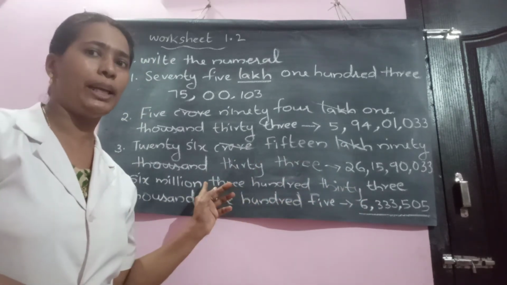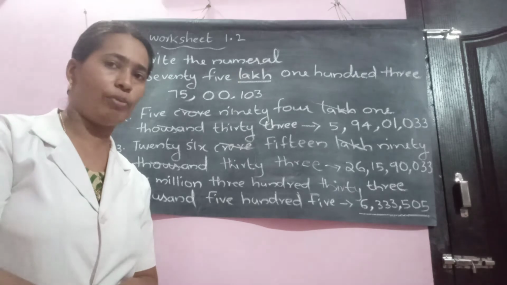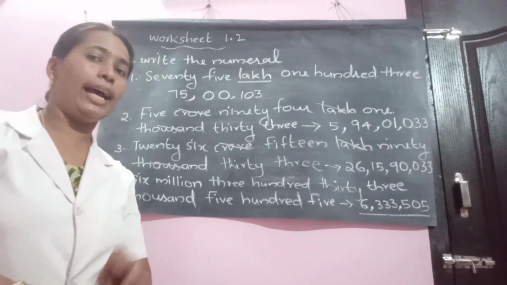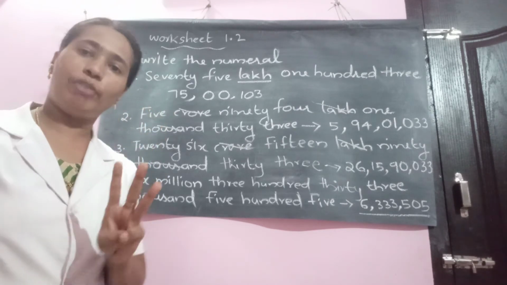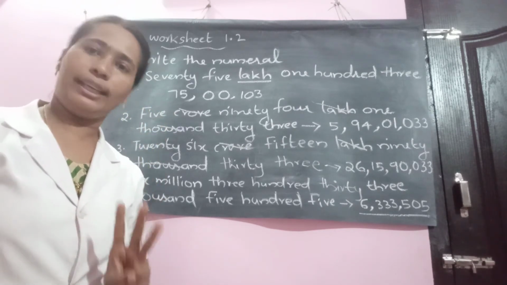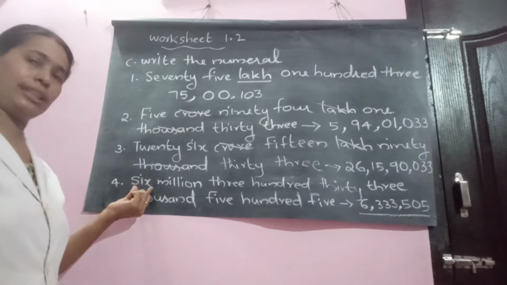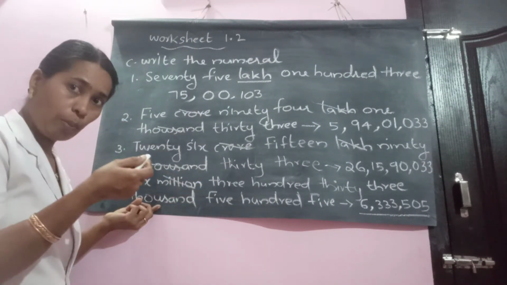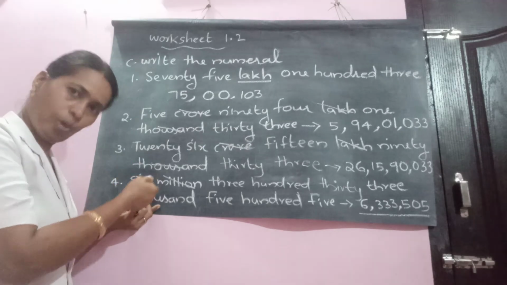6,333,505. Million means international system of numbers. In the international system of numbers, every period has 3 digits. So, the first one is 6. Only 6 is given. Instead of million, what do we do? Comma. After writing 6, comma.